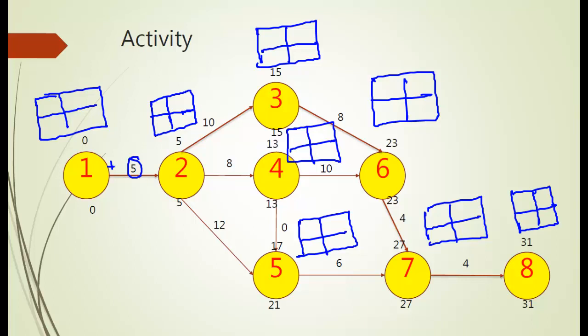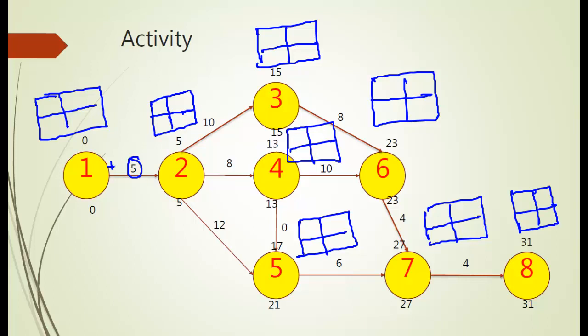We have to see which is the maximum, because 5 can start only when 2 and 4 both finish. 2 finishes at 5, 4 finishes at 13, so 5 has to wait for 13 units of time. It cannot start at 5, because it has to wait for 4 also. So whatever is the maximum of the two, it will choose that.